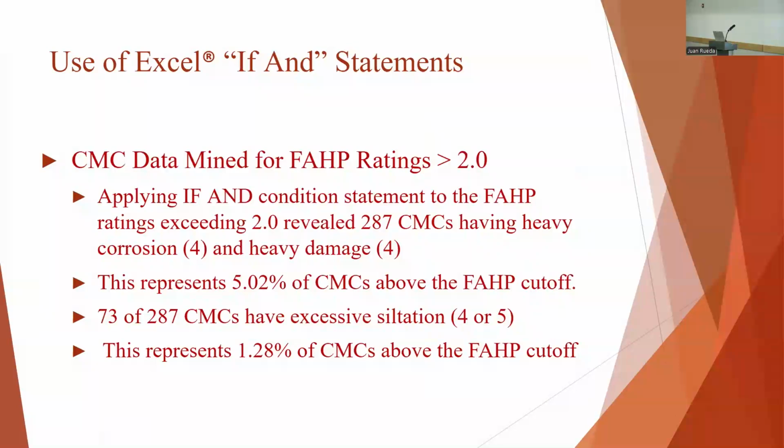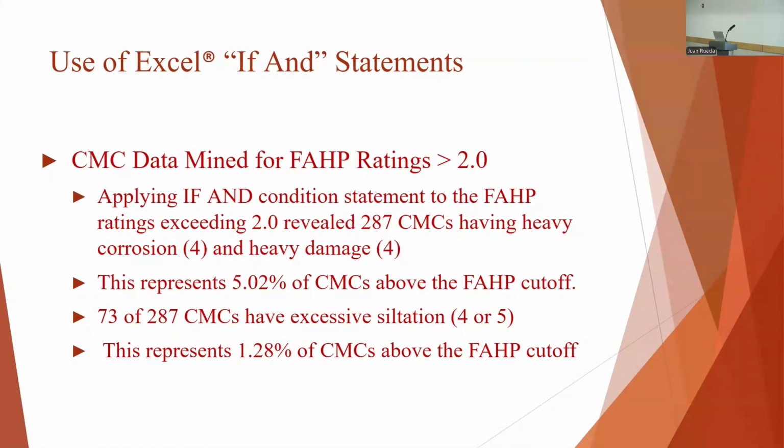So the last thing we wanted to do was just see if we can look at the clustering and also the combination of clusters: siltation, corrosion, siltation, damage, corrosion, and so forth. So using, again, a simple Excel approach, we mined the data with if-and statements, looking at where the rating was greater than a 2 cutoff.